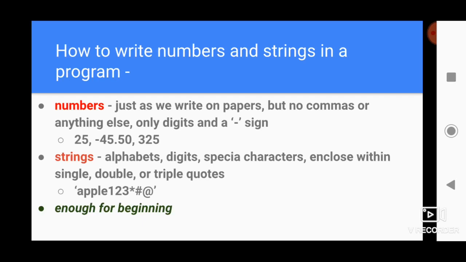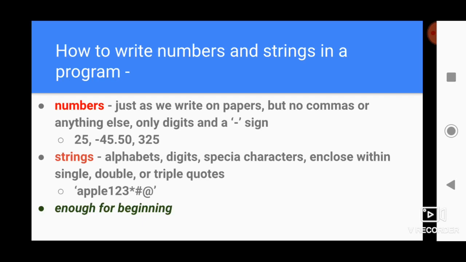And again, we may use an optional hyphen to make negative numbers. Some examples: 25, minus 45.50 and 325 are written here.